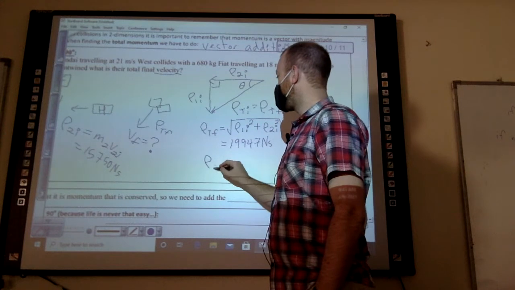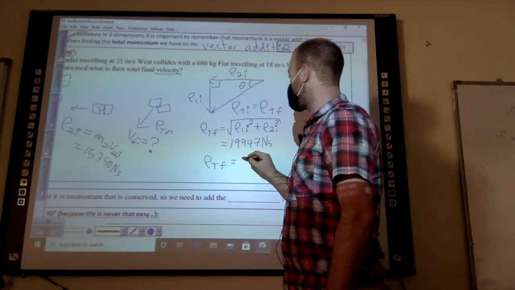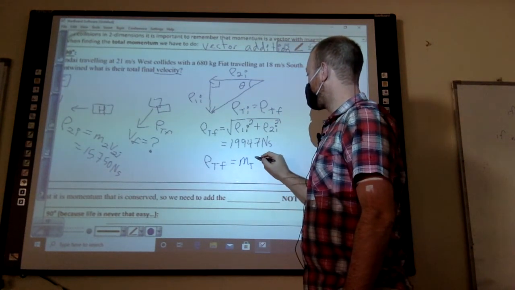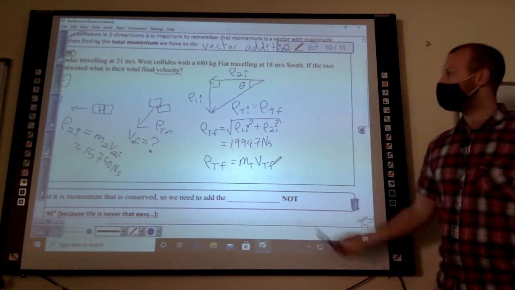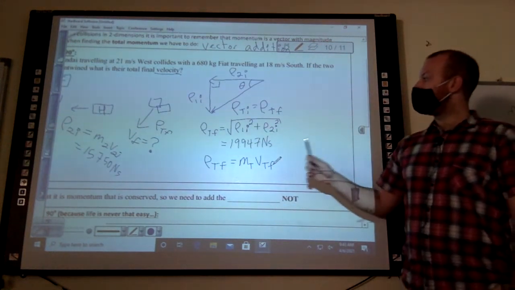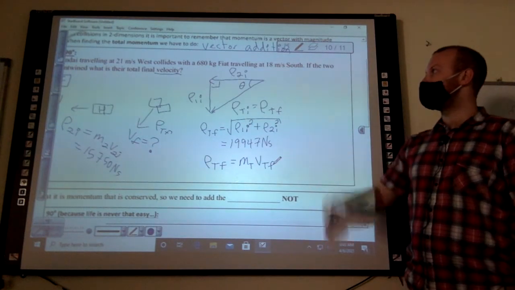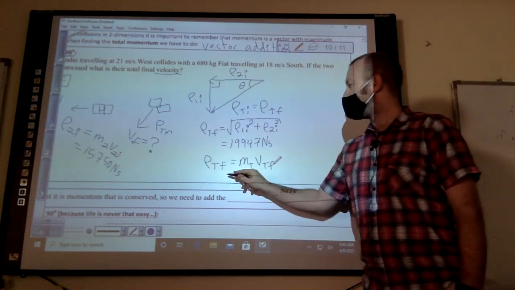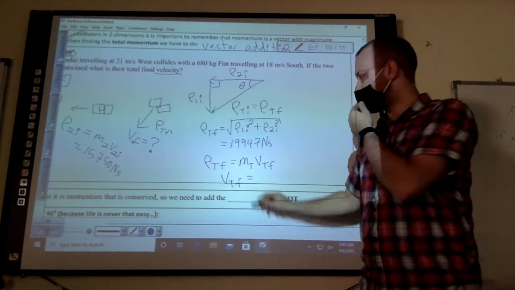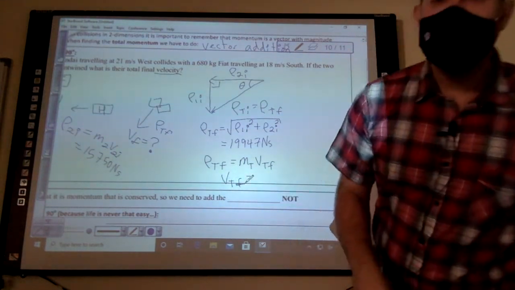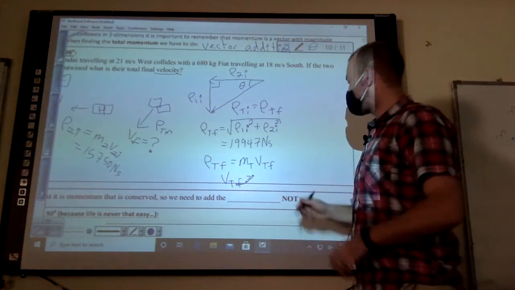First, I need to take this, and this is going to equal mass total times velocity total final. I have the total final momentum. The mass total, I just add the two masses together. That one's not too bad. So then I get V total final is 14.